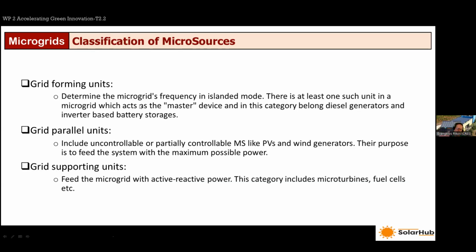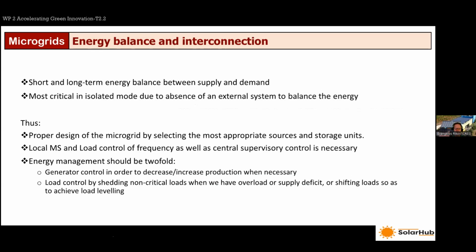Grid forming units set the voltage. They define the voltage amplitude and frequency only, not the power. Grid parallel units inject specific amounts of power or current, if you will, regardless of the voltage. And there are these grid supporting units that are equipped with some additional control functions to support the stability of the system, which is very important in the case of a microgrid, especially when it's islanded, disconnected from the distribution grid.